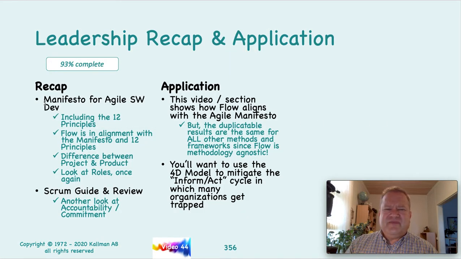So the recap for this is there's the manifesto for Agile software development. You could just take out the word software and call it product development. I have the Flow manifesto out on my blog post; you can take a look at that. One of my favorite principles is maximizing the amount of work not done.